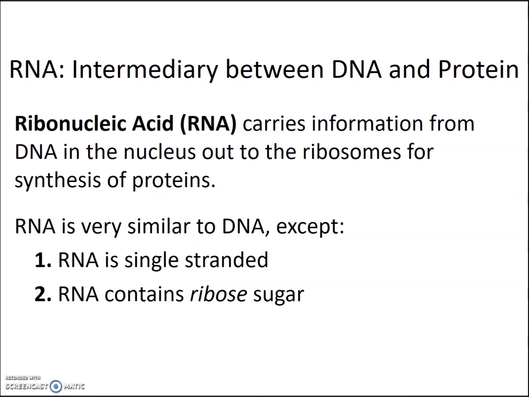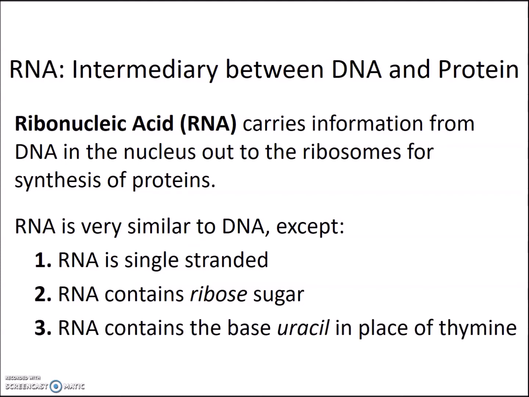RNA, by its name, ribonucleic, as opposed to deoxyribonucleic, contains the sugar ribose instead of deoxyribose in the case of DNA. And then thirdly, the bases of DNA are adenine, thymine, cytosine, and guanine.